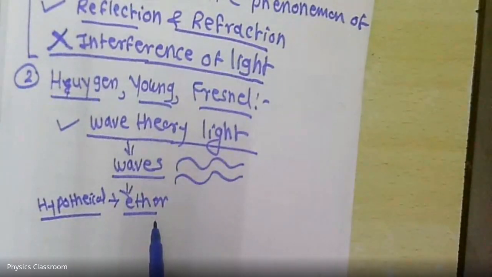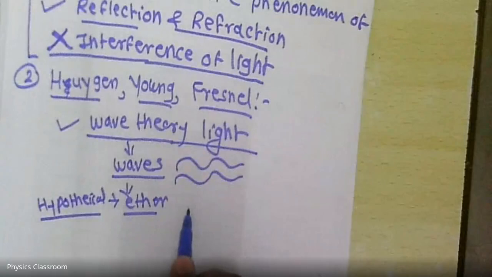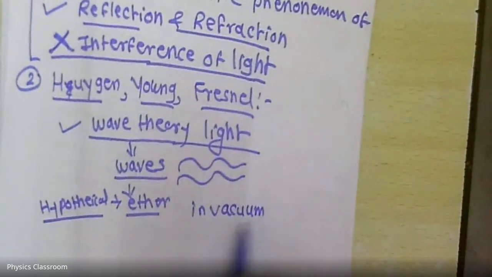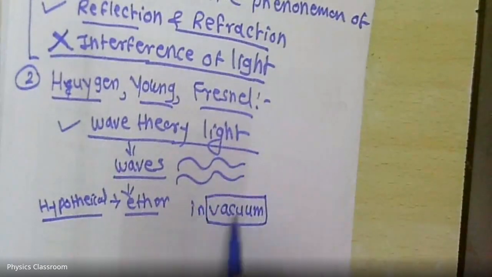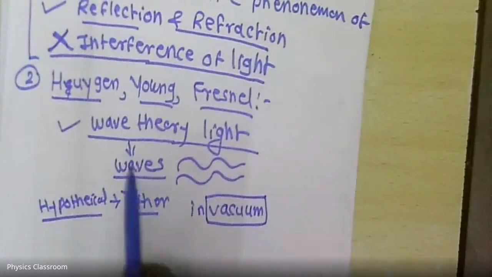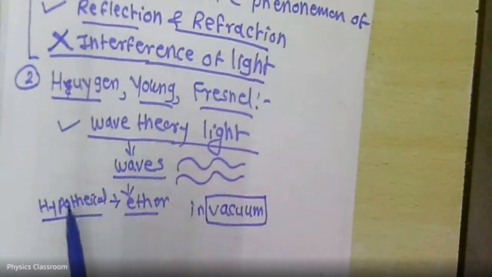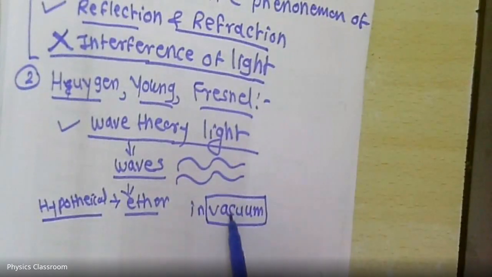It is supposed to be present everywhere, that is, in vacuum also. So Huygens, Young and Fresnel explained the wave theory of light for waves in a hypothetical medium we call ether, and it is valid for vacuum also.